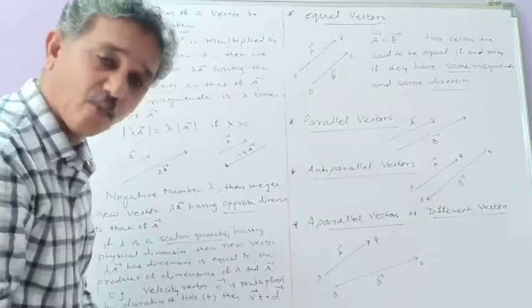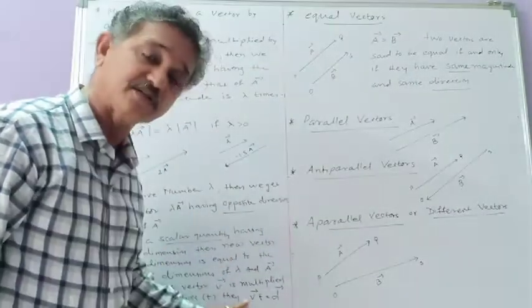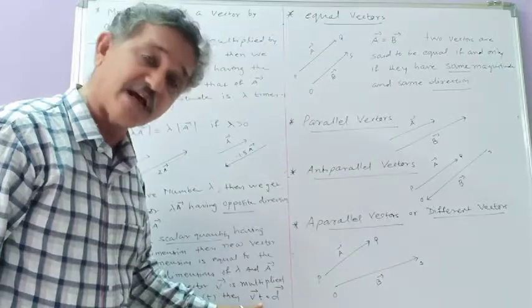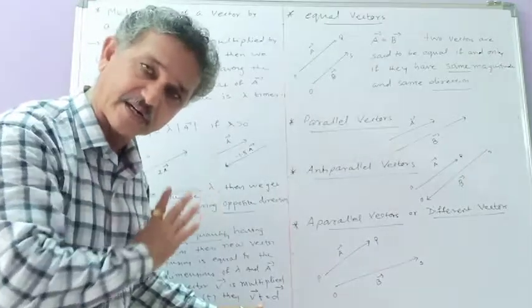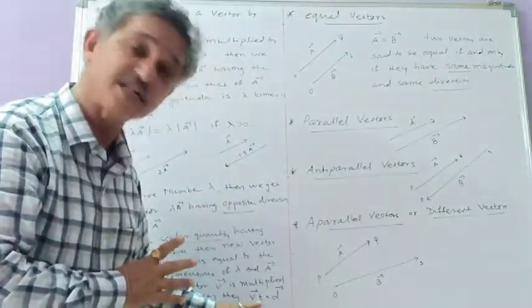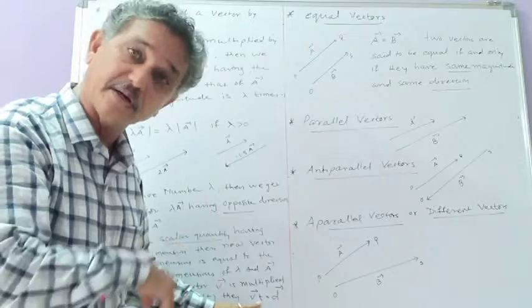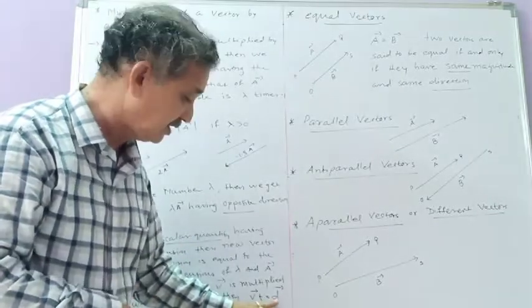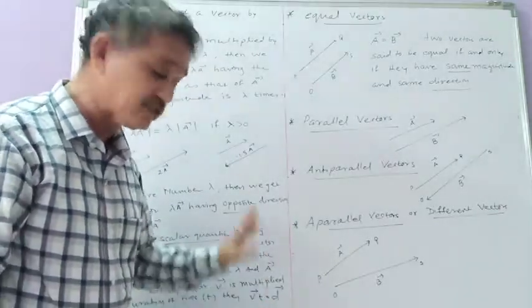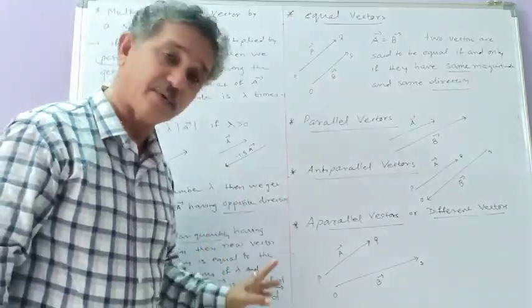The displacement vector. Why? Because velocity has dimension meter per second, time has dimension second, the seconds cancel. So vector Vt has dimension meter, and meter is the dimension of the displacement vector. That's why we get vector Vt equal to the displacement vector.